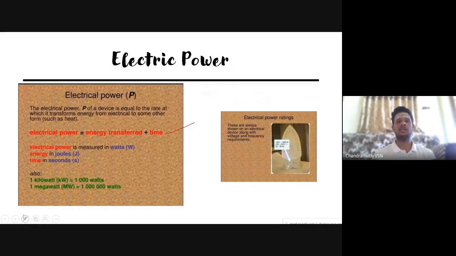Okay, very good, beta. Now, nearby you, is any electric appliance there out of you three? Can you get any electric appliance nearby you now?